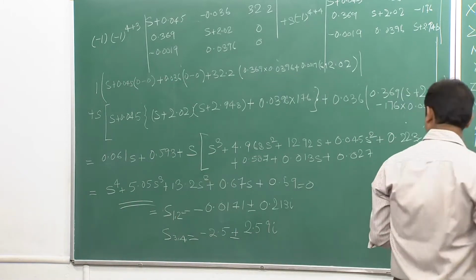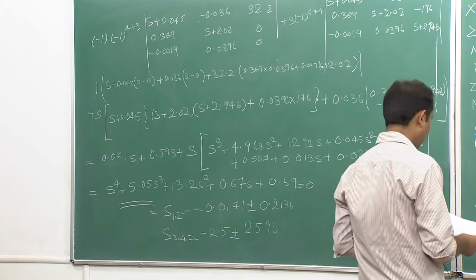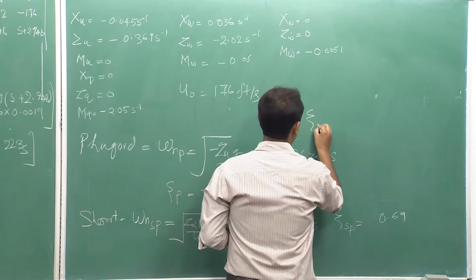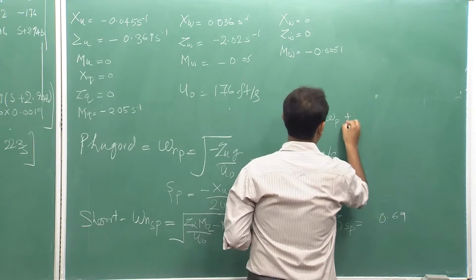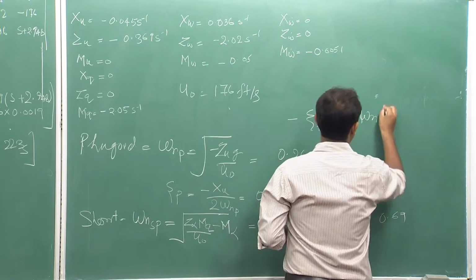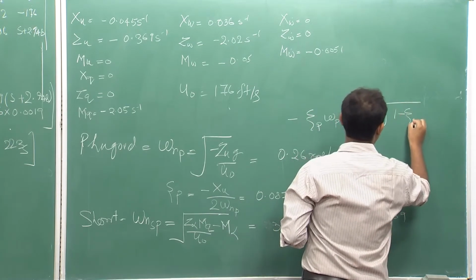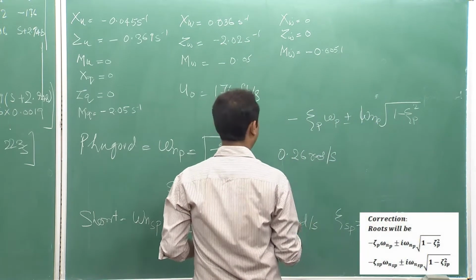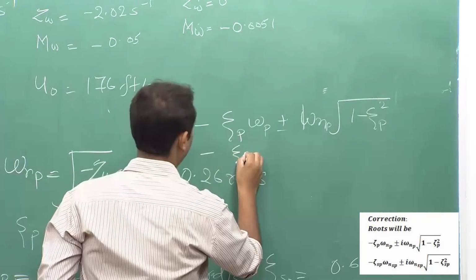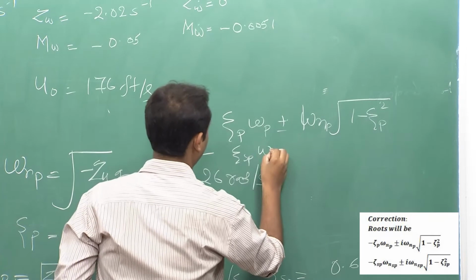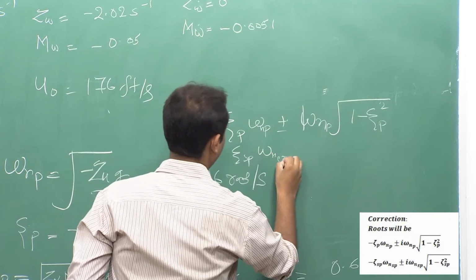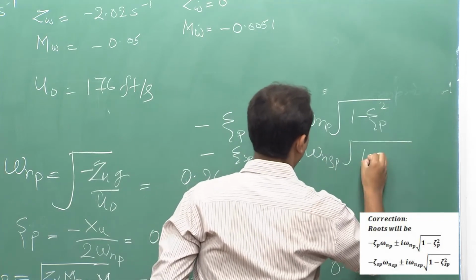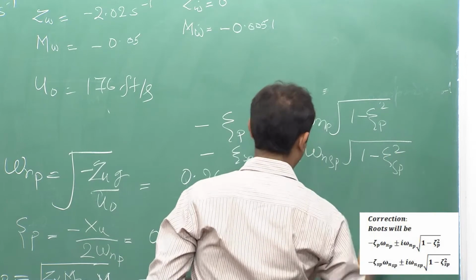So, these were the roots derived for characteristic equation of fourth order. From approximation, roots will be given by minus zeta phugoid omega n phugoid plus minus omega n root over 1 minus zeta phugoid square. Similarly, for short period approximation, the roots will be given by minus zeta short period omega n short period plus minus omega n short period root over 1 minus zeta short period whole square.